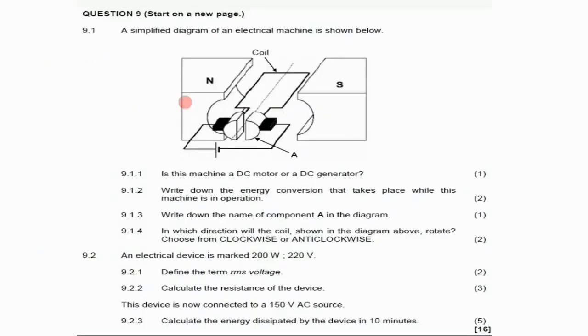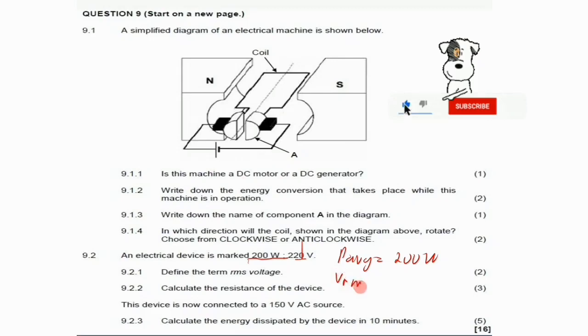Okay, so we have 9.2. It says an electrical device is marked 200 watts and 220 volts. What does the 200 watts represent? It represents the average power, and the 220 volts represents the root mean square voltage. So remember, if you are given an electrical device, you cannot use the maximum voltage.